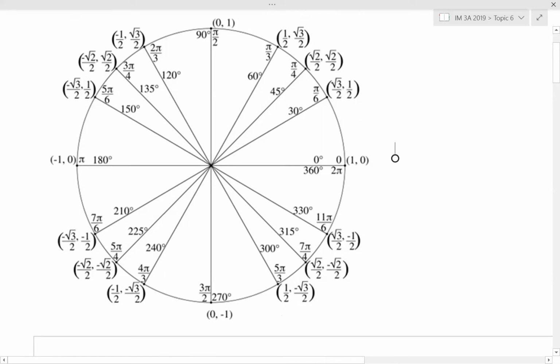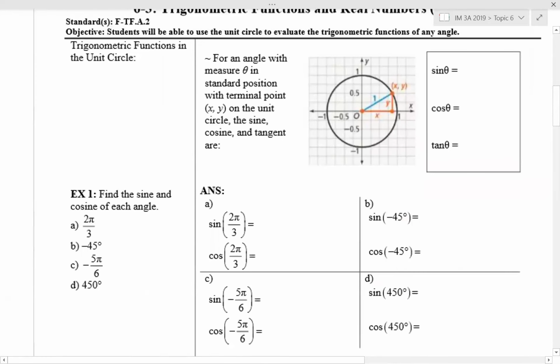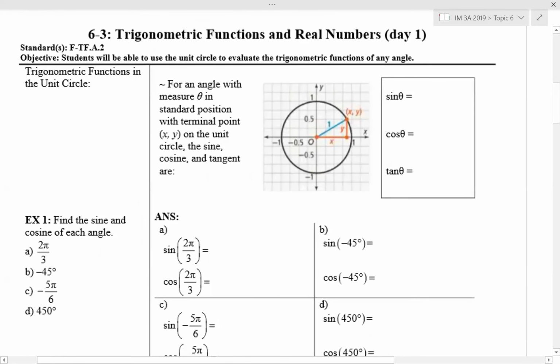And so we will be using the unit circle from now on to identify sine, cosine, and tangent values of functions. And so we're going to look at the relationship of the triangles that we used yesterday in the unit circle to identify sine, cosine, and tangent values.